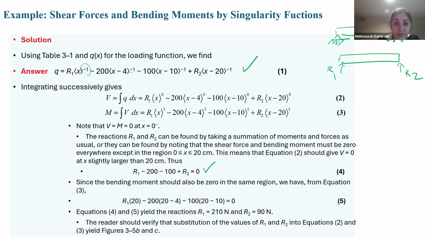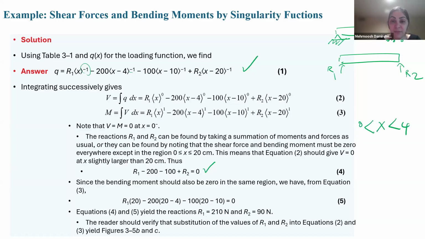Substitute here for finding V and R1 and R2, yeah? After that, write for M, for the other equations, and we can find R1 and R2. When we find R1 and R2, for each part we can use the same equations for finding, for example, the shear force. I start with x between 0 and 4, okay?